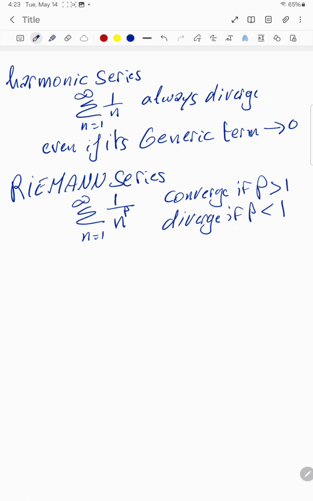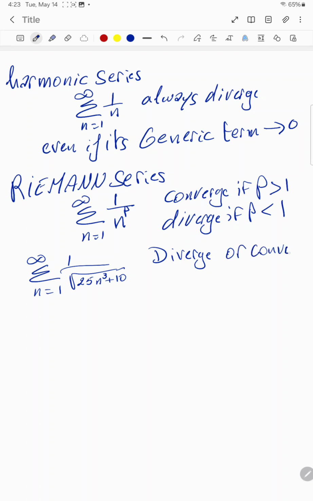Let's take this example: the sum from n equal 1 to infinity of 1 divided by the square root of 25 n to the power of 3 plus 10. We want to see if this series diverges or converges, and if it converges, toward what.